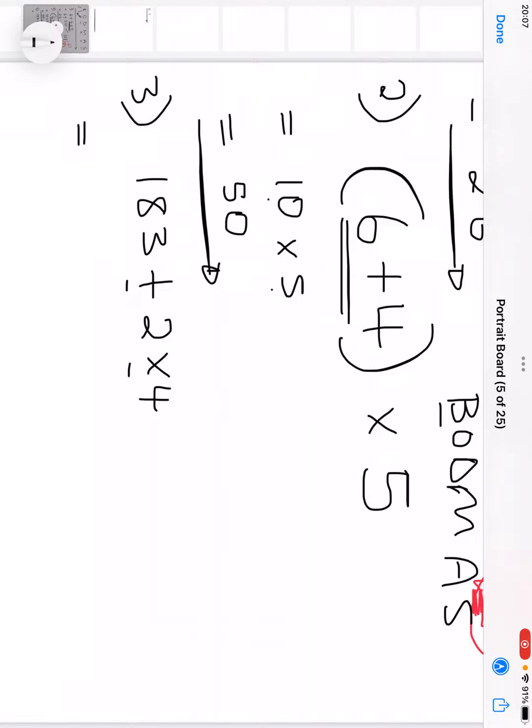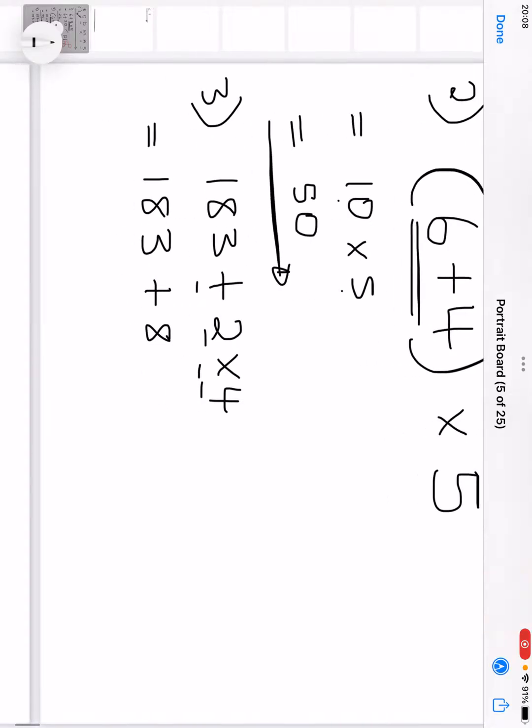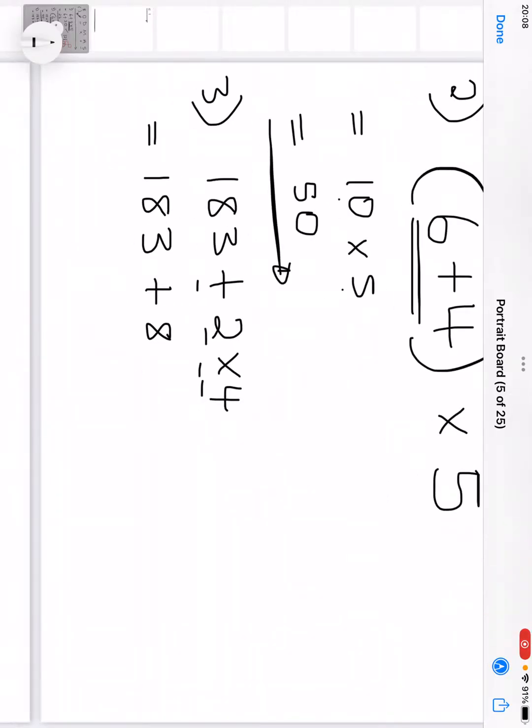So you end up having 183 as it is, that you add to 2 times 4, which is 8. And then in the next step, 183 plus 8 equals 191. Yes, that should be the end of it.